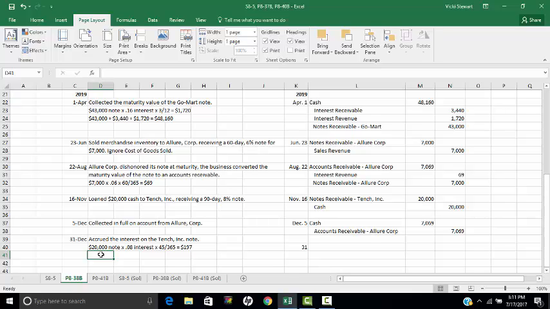So we're going to take $20,000 times 0.08 times 45 divided by 365, and we get $197 in interest. So we're going to debit interest receivable for $197, and we're going to credit interest revenue for $197.